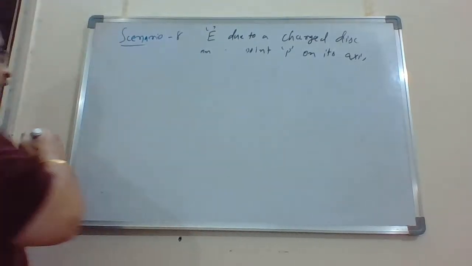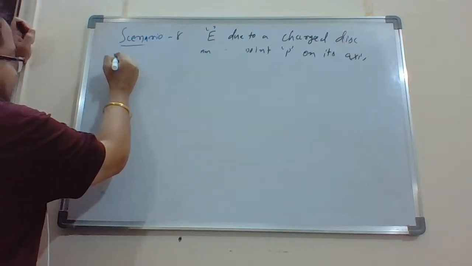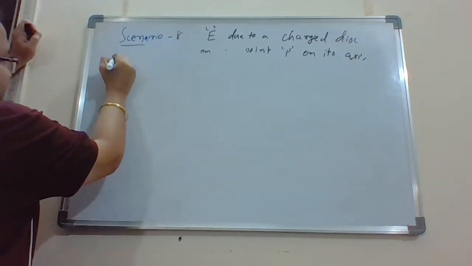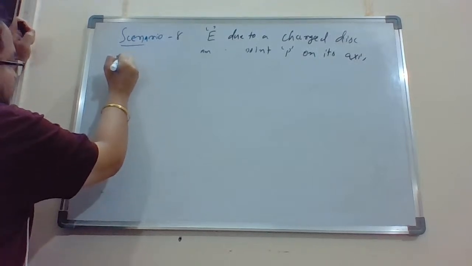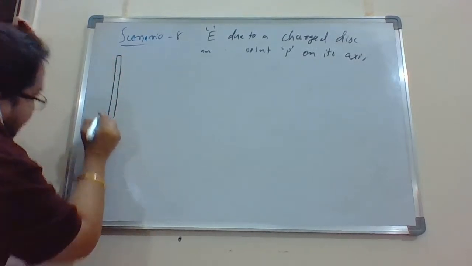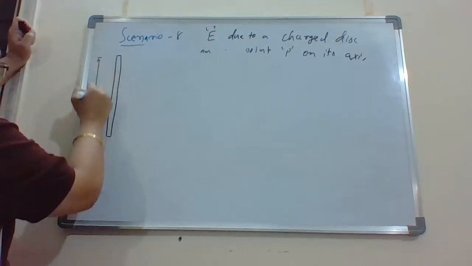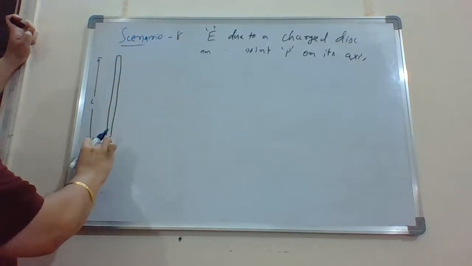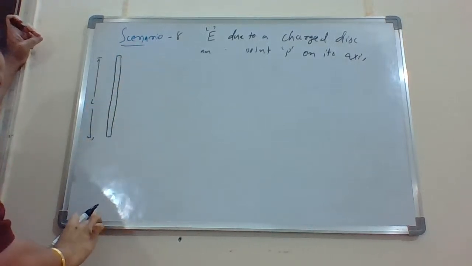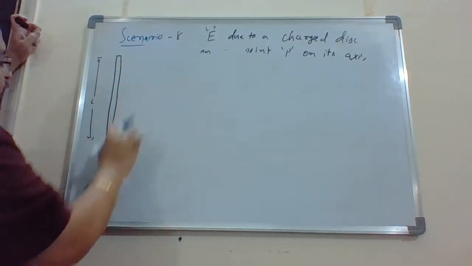Okay, now, we had taken a scenario initially, that this was a uniform rod of length L, and we had found the field intensity at a point on the axis and on the perpendicular bisector.